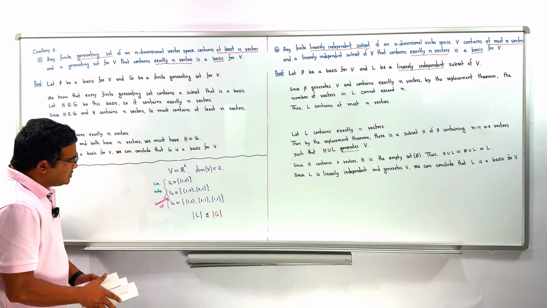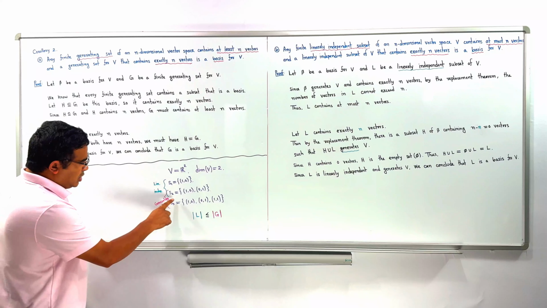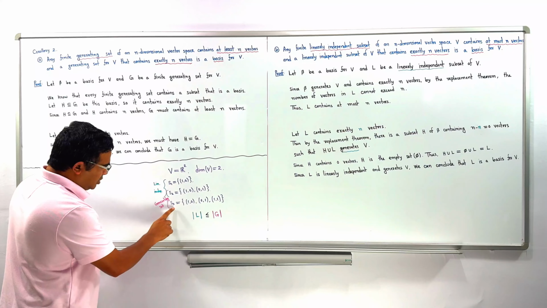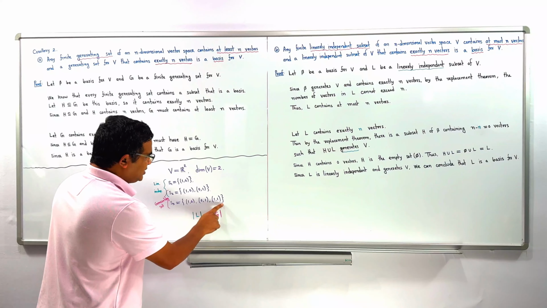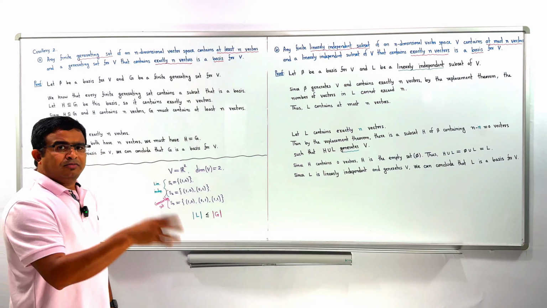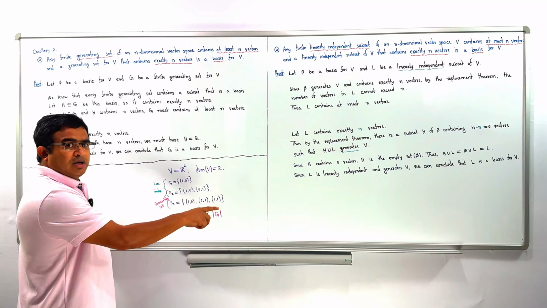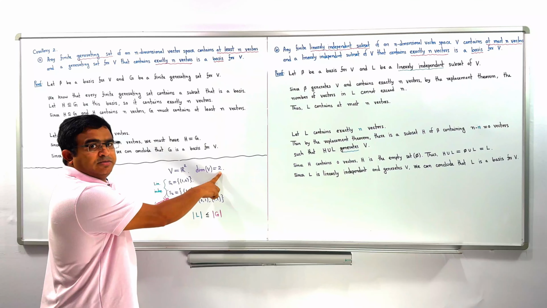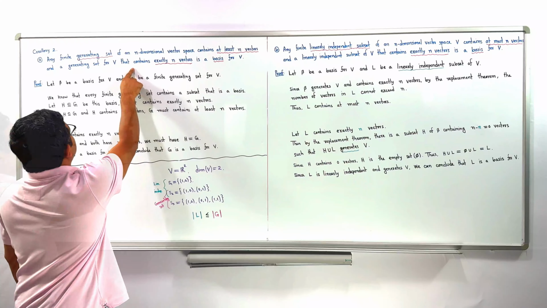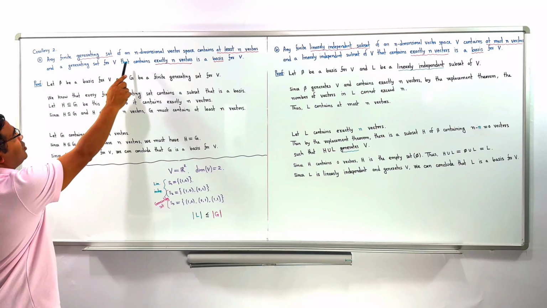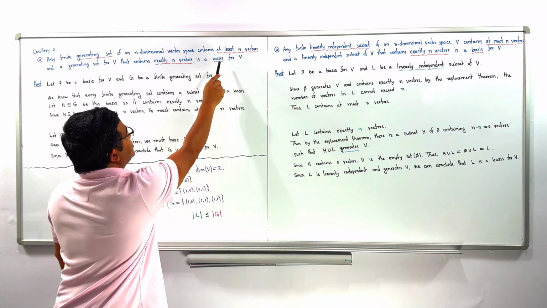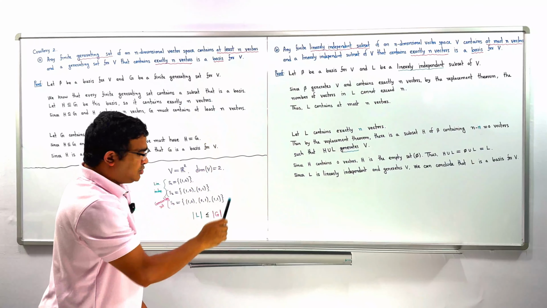Did you see the number of vectors of S2 is 2, and the number of vectors in S3 is 3. So, the number of vectors of a generating set is always greater than or equal to the dimension of the vector space V. The theorem says: any finite generating set of an n-dimensional vector space contains at least n vectors.